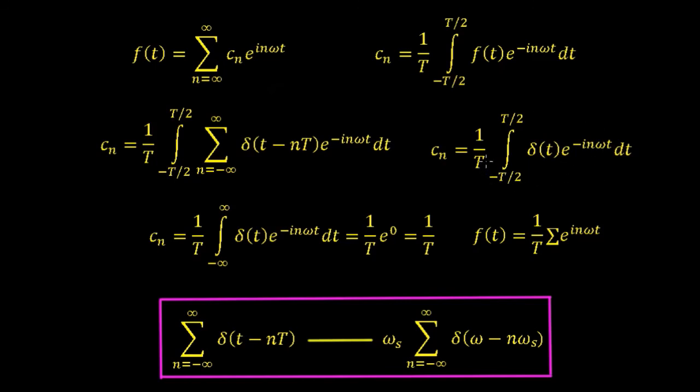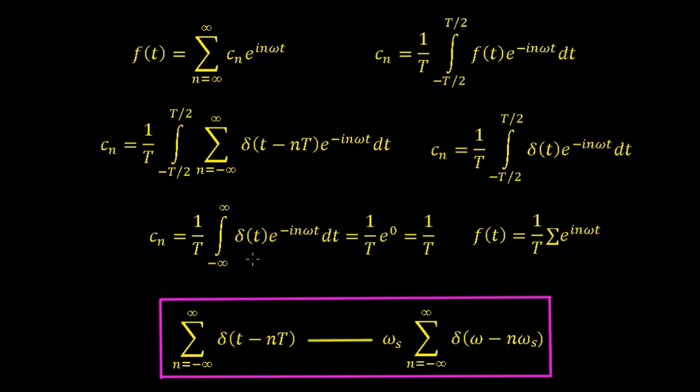Another thing to note is that this delta(t) is equal to 0 everywhere other than the origin. So rather than looking at this integral from minus T upon 2 to T upon 2, we can extend the limits of the integration from minus infinity to plus infinity. Now we're simply left with this equation here.